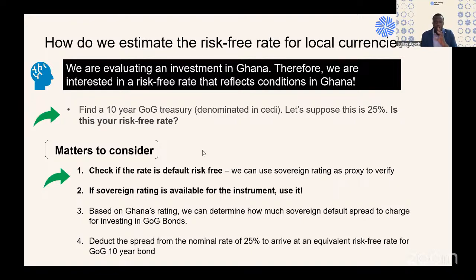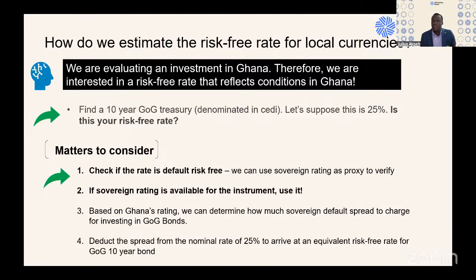The point I've been making is that the 25% is not entirely risk-free. The government implicitly is considering a premium in the 25% because it knows that it's not AAA rated. Investors are going to see the government as not being AAA rated, and therefore they are going to consider the government to have a default risk. They are not going to just accept it like that, so the government will give them some compensation.